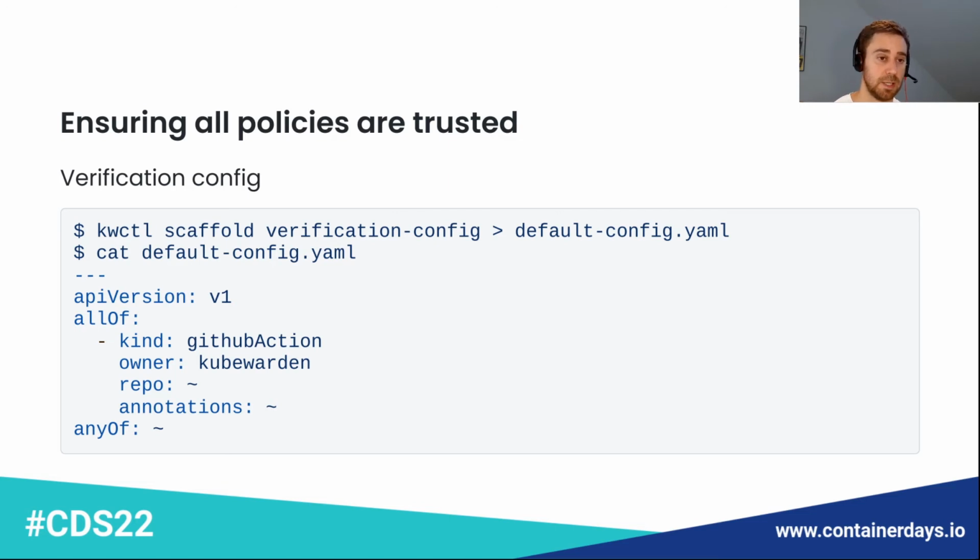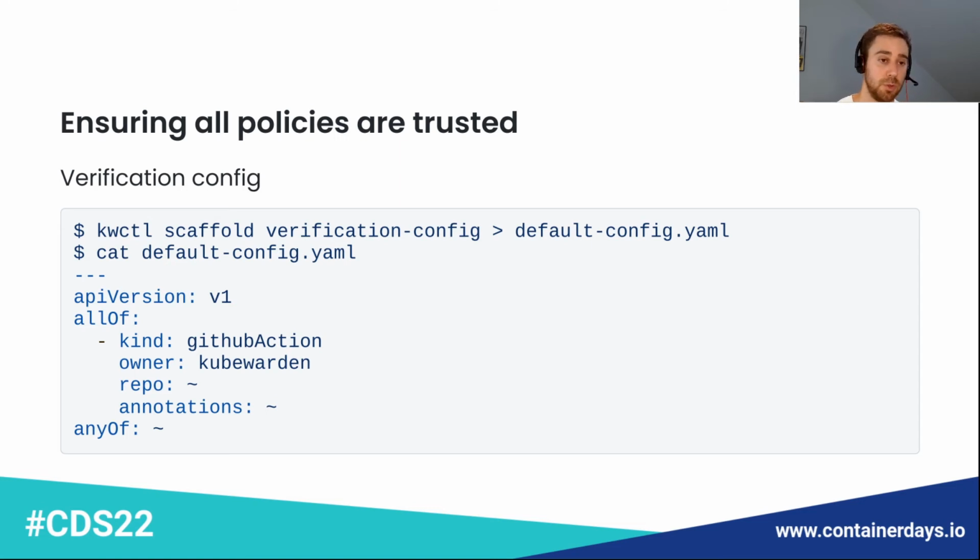You can see it has a kind GitHub action, which means things that have been signed in GitHub Actions, and then an owner, in this case the org Kubewarden, and then a repo. What this means is that everything that has been signed via GitHub Actions coming from the Kubewarden organization would be trusted by default.